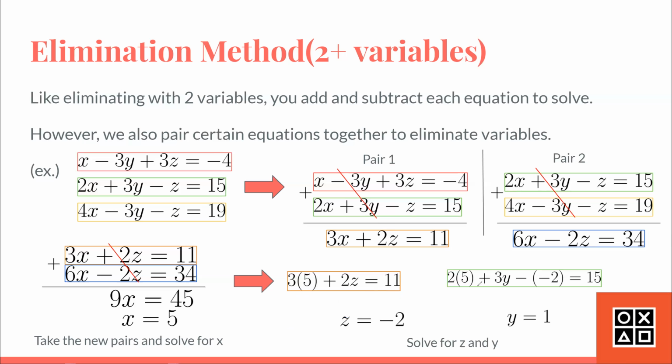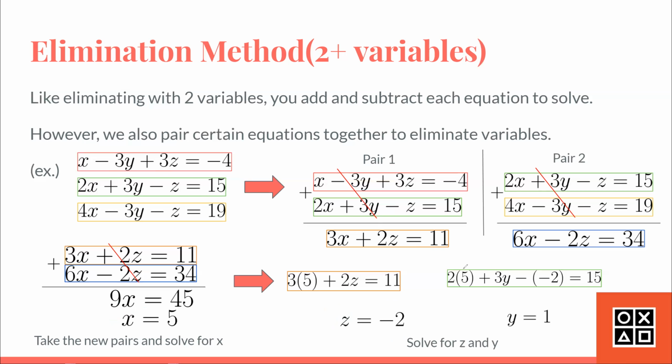So what you can do is go back to any one of these original 3 variable equations and plug in these new x and z so that you can find y, because y is the only variable that will remain after you substitute x and z in. So in this case, we took the green equation right here and plugged in x and z.